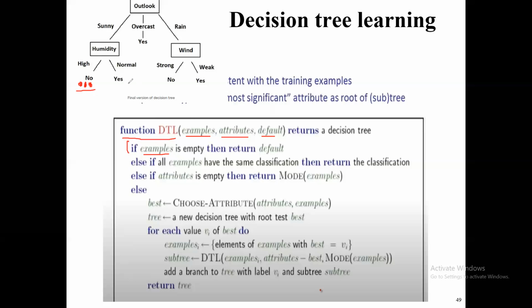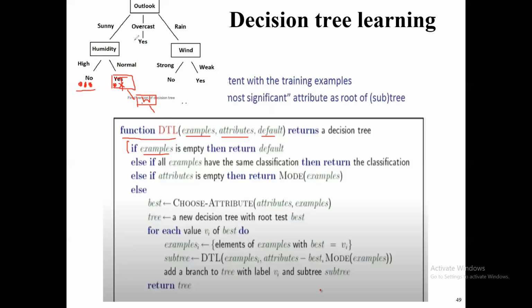Else if attributes is empty, then return the mode of the examples. For example, if we hadn't reached a case where all the examples were of the same decision yet, like after splitting with outlook and humidity, then we would have to split here again, right? Maybe with temperature. So let's say we split here with temperature, and still we did not reach a final decision. Then we would have to split here again with wind, right?